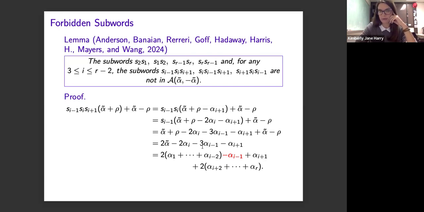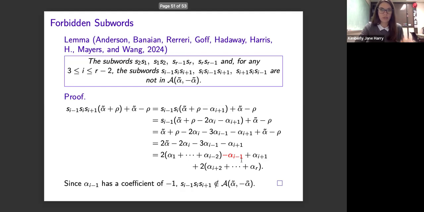I have 3 of those, so I'm subtracting 3 of them, which gives me that negative in front of my alpha i minus 1. And that's where I have the problem. So I can't write this as a sum of positive roots. So I know that this is not contained in my alternation set when I'm looking at mu being a negative highest root.